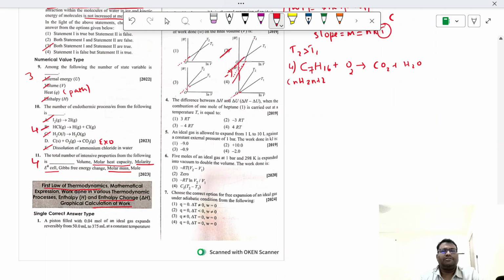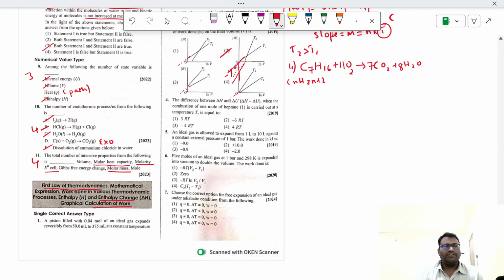Balance this equation: 16 hydrogens, so 8 H2O; 7 carbons, so 7 CO2; 14 plus 8 is 22, so 11 oxygens.